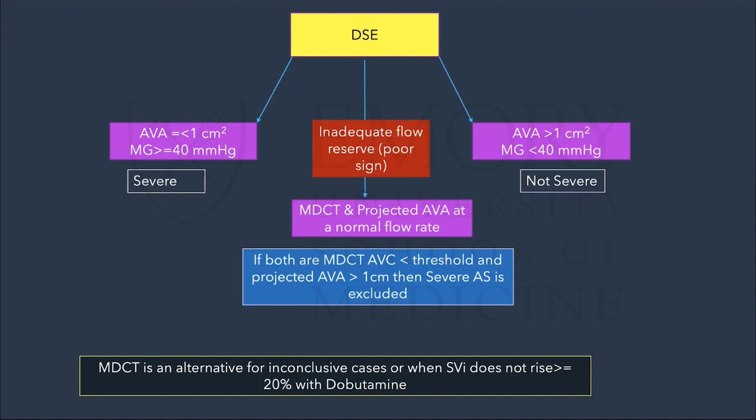And we also look at the projected aortic valve area at normal flow rate. If patients meet both criteria, having aortic valve calcification less than the threshold and a projected valve area of more than 1 centimeter, then severe AS is excluded.